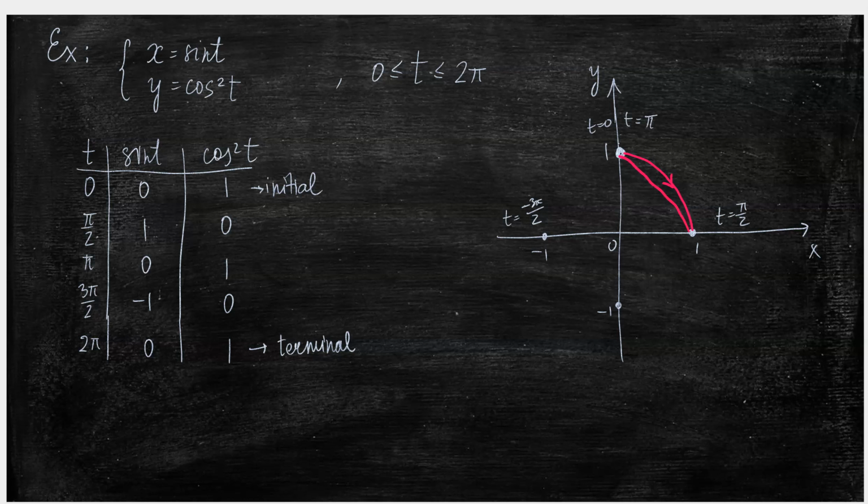It's really hard to draw this parametric curve, so it goes back, comes here, and then goes back here in this direction. So parametric curves are a little bit more than just the static images of functions. They are dynamic.